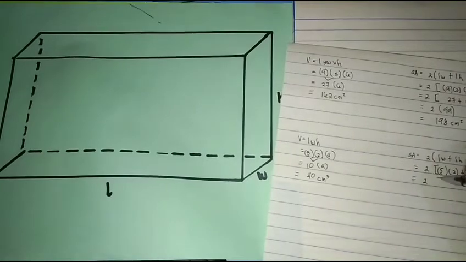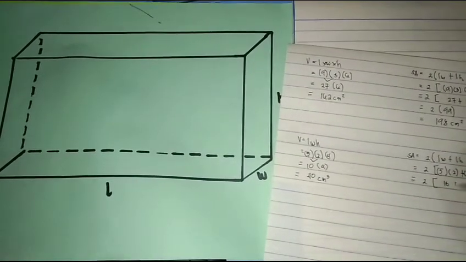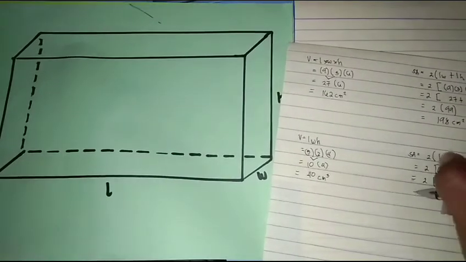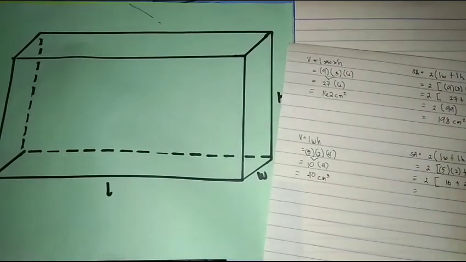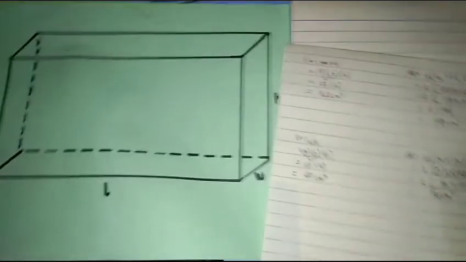Copy the 2, multiply one by one to get the product of 10 plus 20 plus 8, multiplied by 2 to get the exact value of 76 centimeter squared.